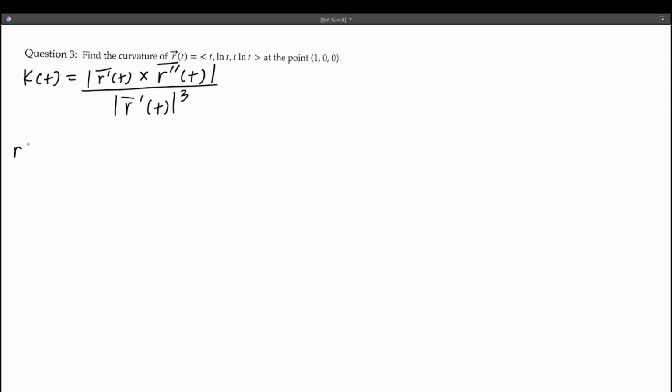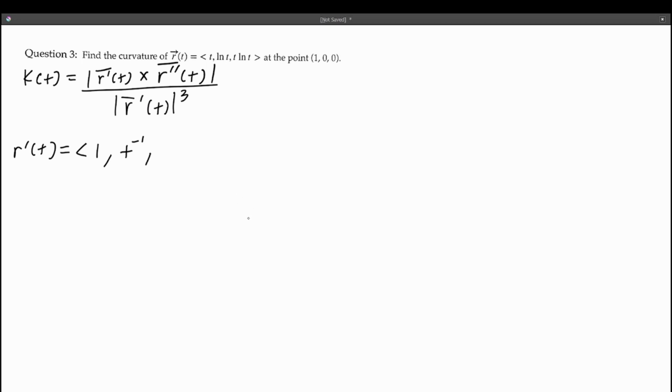And first off, let's find r prime of t, which, as you know, when you're doing the derivative of a vector, you're just doing the derivative of each part. So the derivative of t would just be 1. And the derivative of ln t, if you remember, is just 1 over t, or t to the negative 1. I'll write it as t to the negative 1 because I think it's easier when doing second derivatives. And then the derivative of t times ln of t, that one we're going to have to do the product rule.